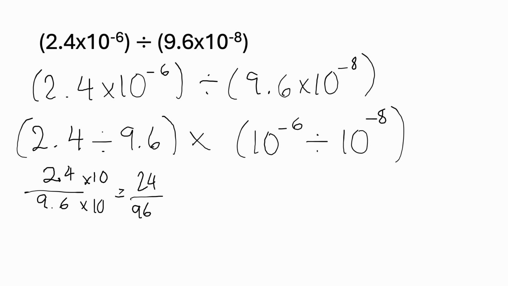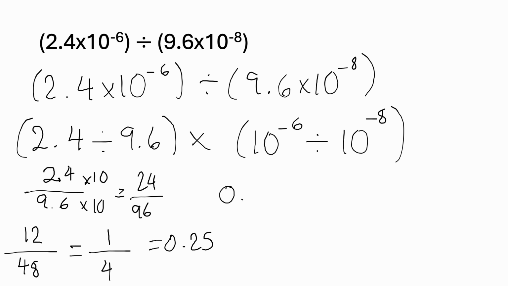So 24 divided by 2 is 12, and 96 divided by 2 is 48. Then we may see that 48 is in the 12 times table, so we can divide by 12. So 12 divided by 12 is 1, and 48 divided by 12 is 4. So we get a quarter. A quarter in decimals is 0.25. So 0.25 is our left-hand side.